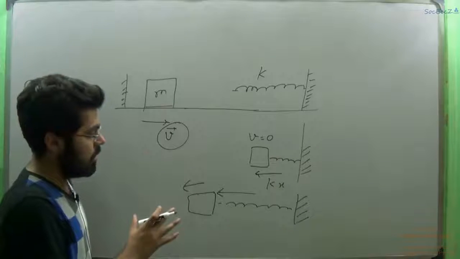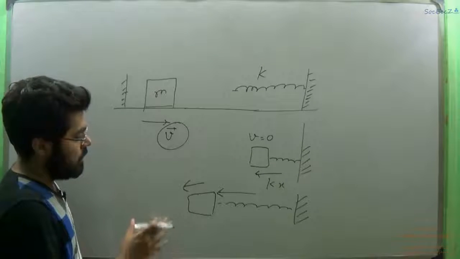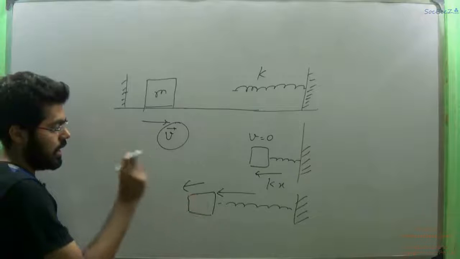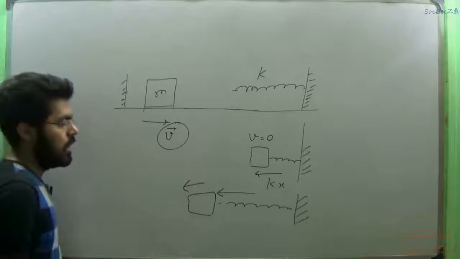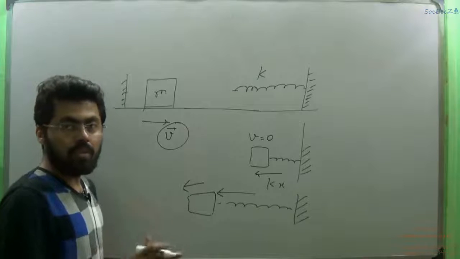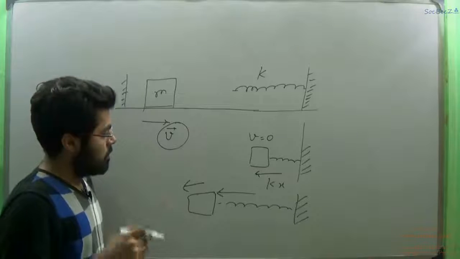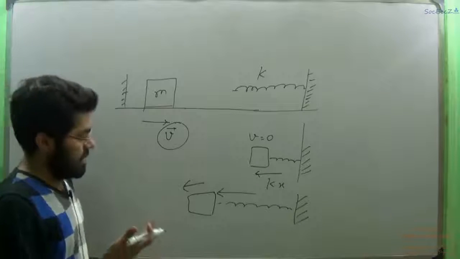It's a pretty simple problem. My question is whether the velocity which the block will attain after completing its path would be the same as the initial velocity or not. So let's solve.